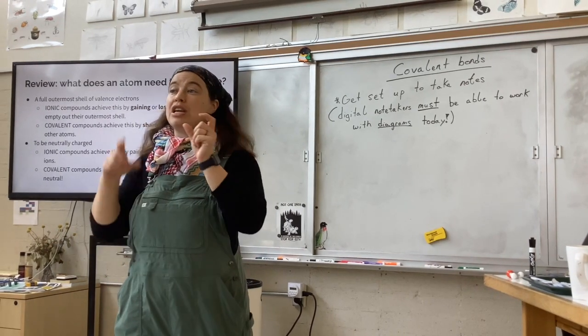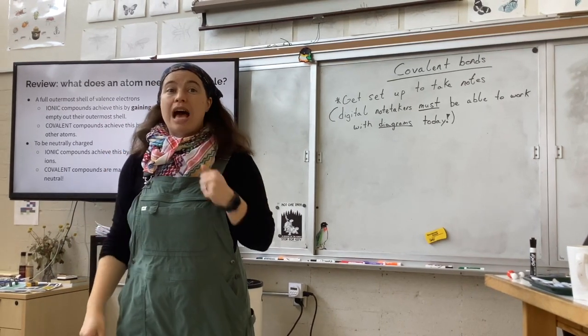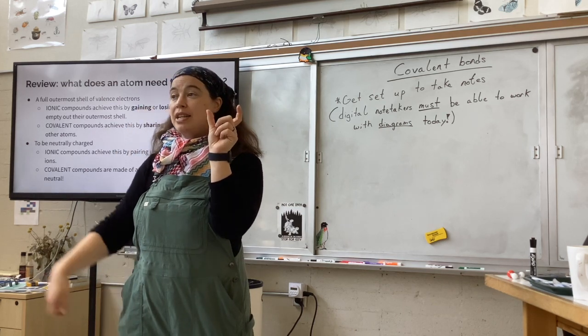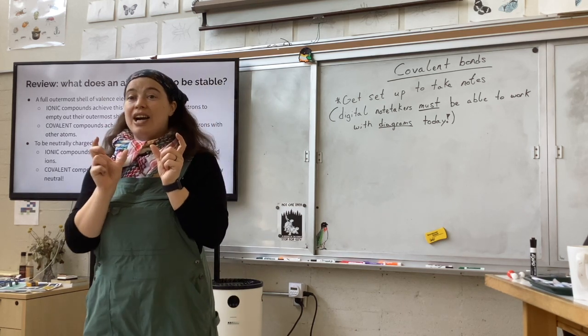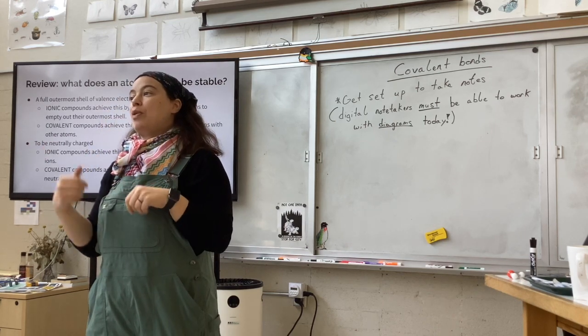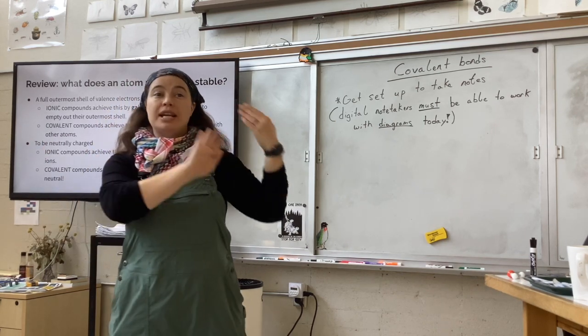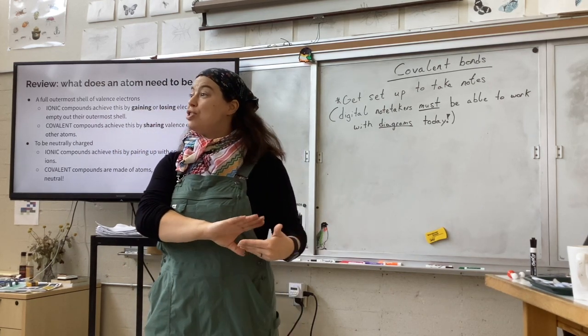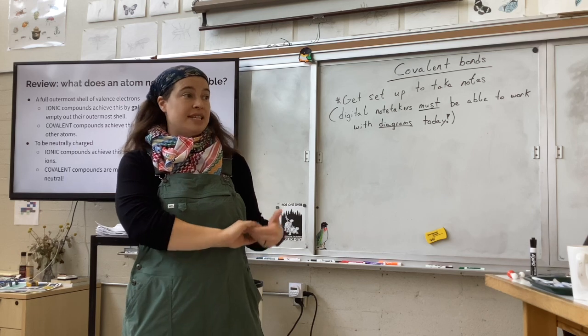That would be 1 lithium and 1 fluoride. But if you have lithium oxide, where your lithium ion is +1 and your oxide anion is -2, then you would need 2 lithiums to balance out that 1 oxide. So with ionic compounds, we have to really make sure that what we ended up with is neutral, it's the same number of positives and negatives.